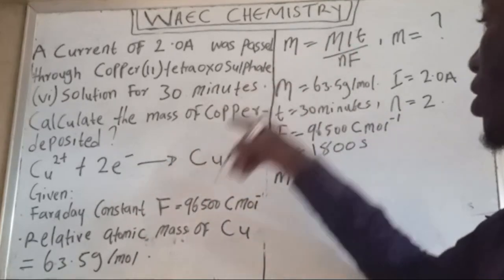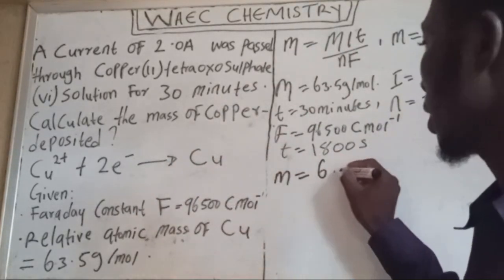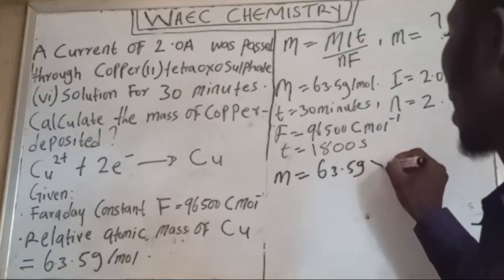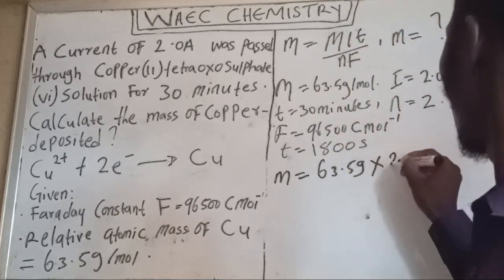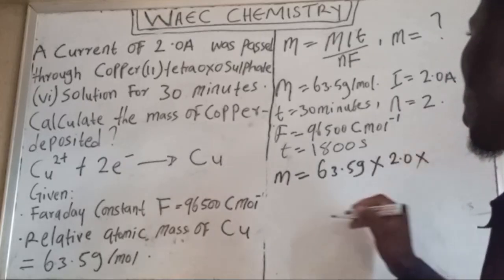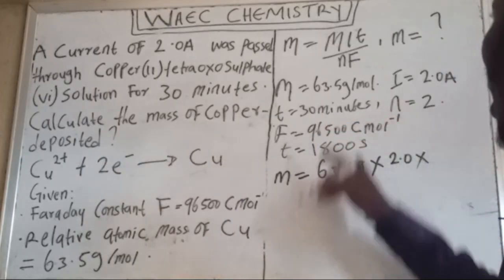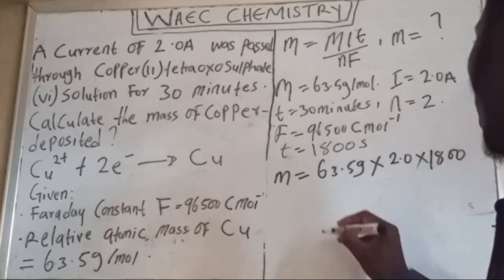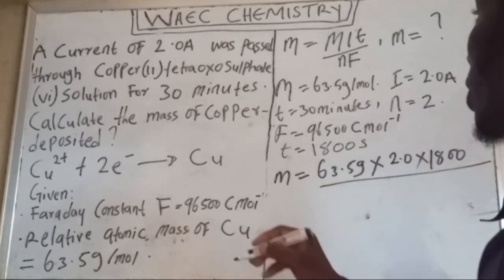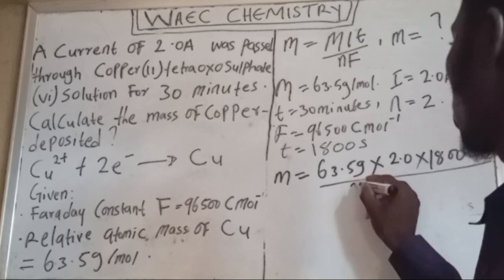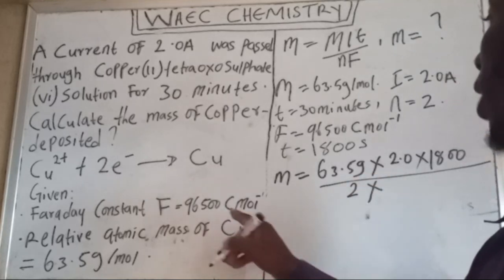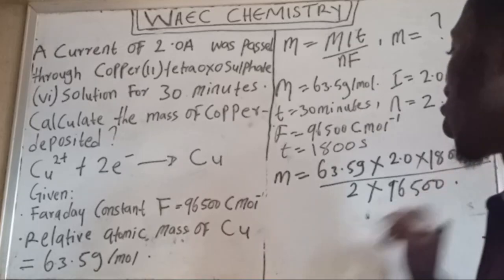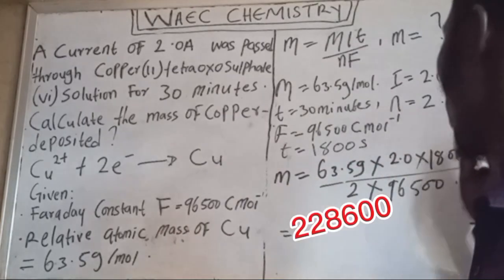The relative molar mass of copper is 63.5 gram, times our current, which is 2.0, times our time, 1800, divided by n, which is 2, times F, which is 96,500.